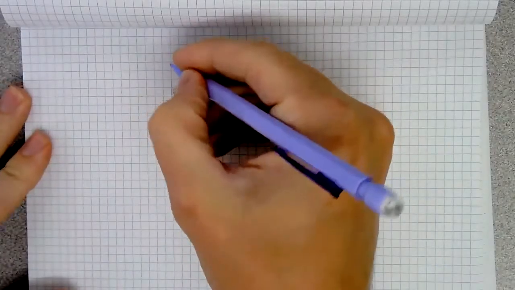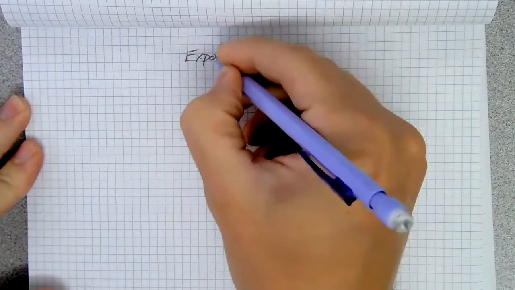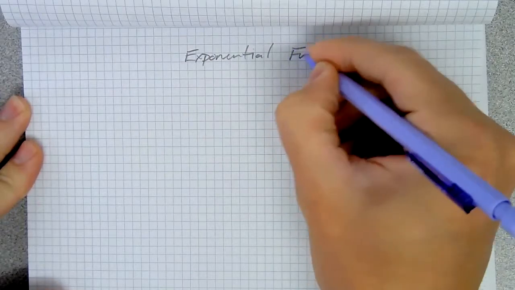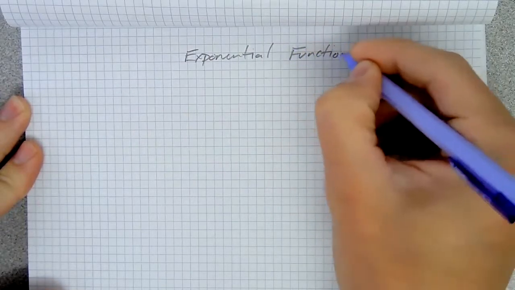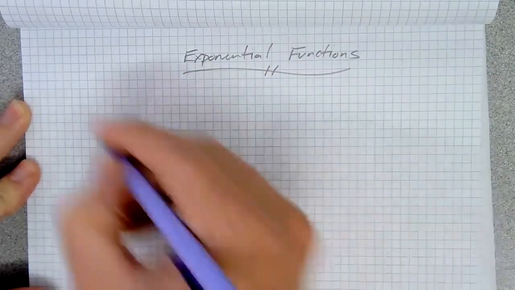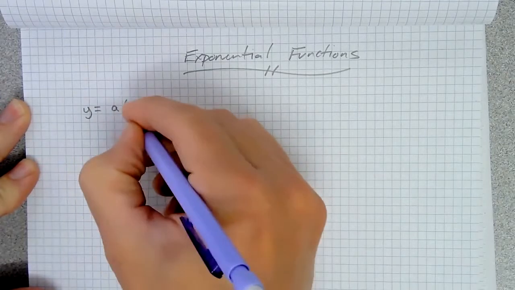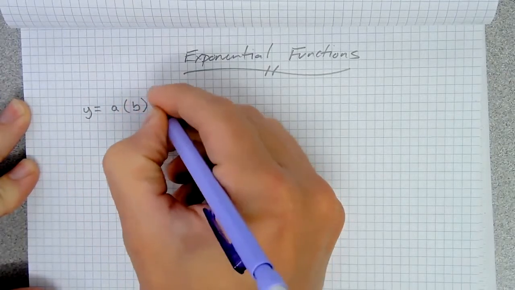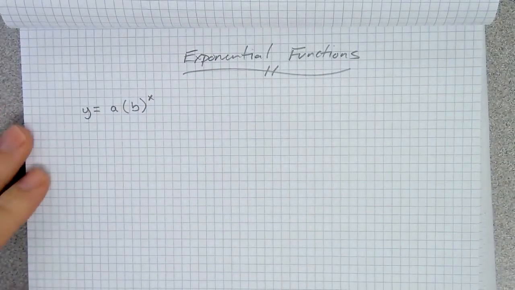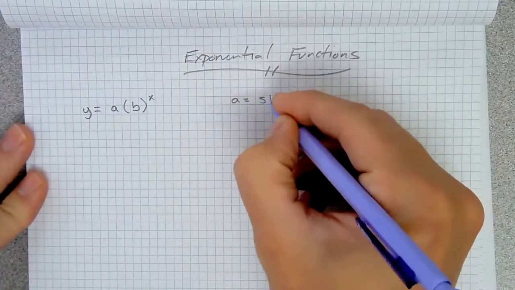All right, so this chapter deals with exponential functions, which are written in the form of y equals a times b to the x, where a is our starting value.